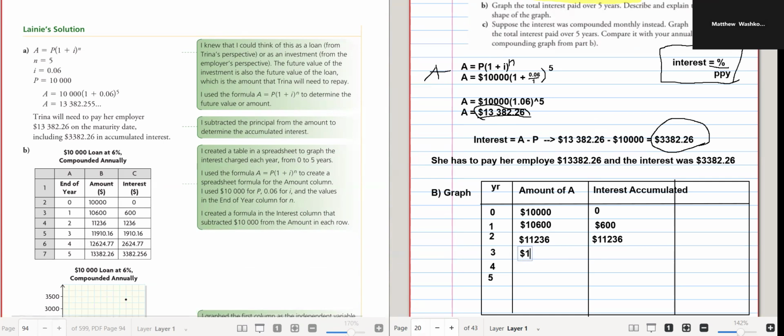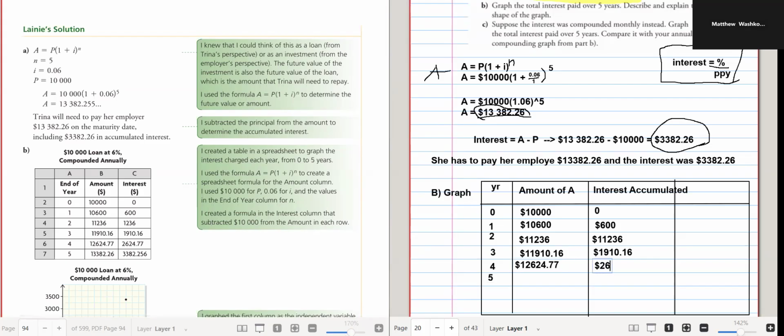I'm just going to use what's in the book now. Again, that's a skill that we have from before, so you should be able to do this already. After year 4, it was $12,624.77.